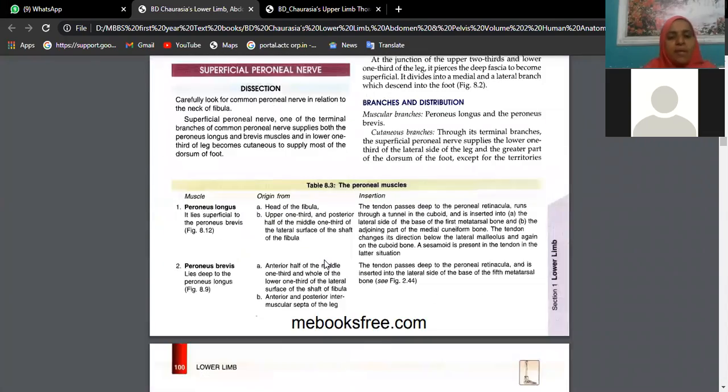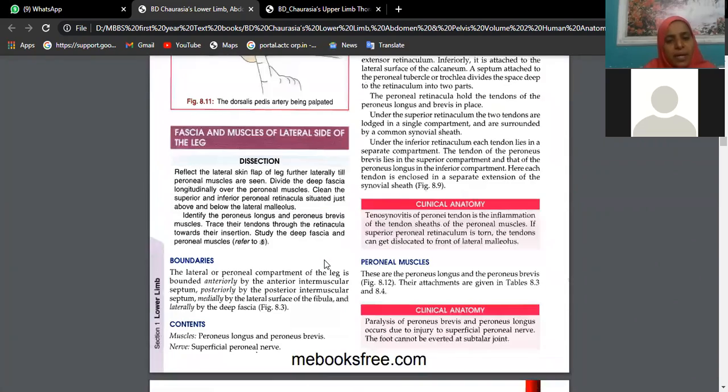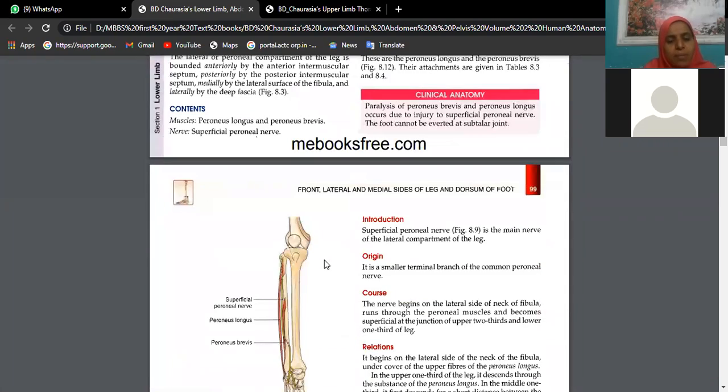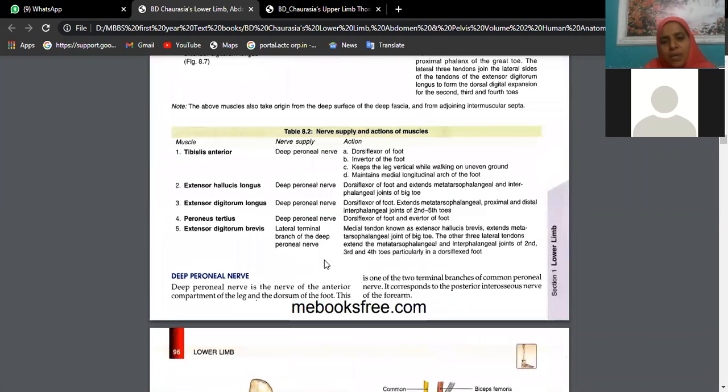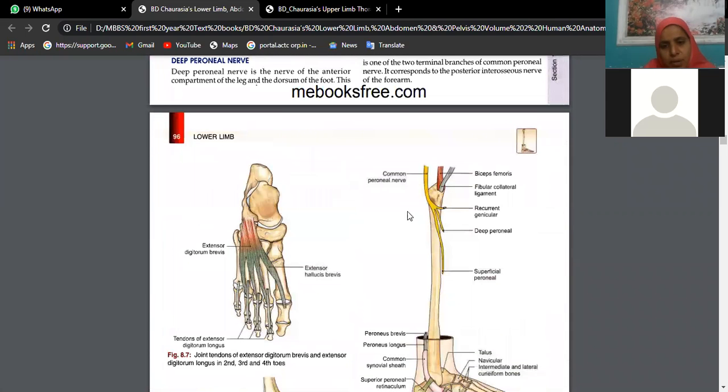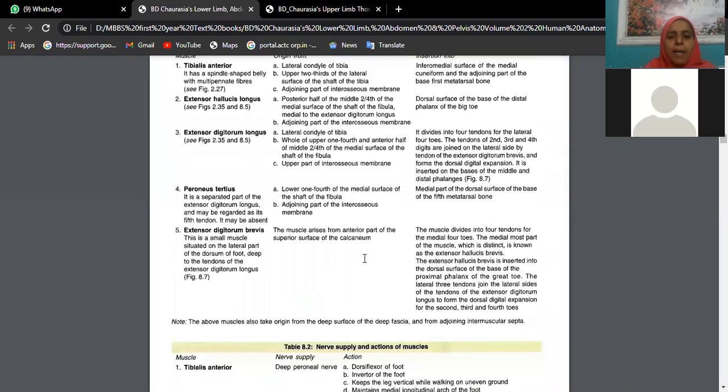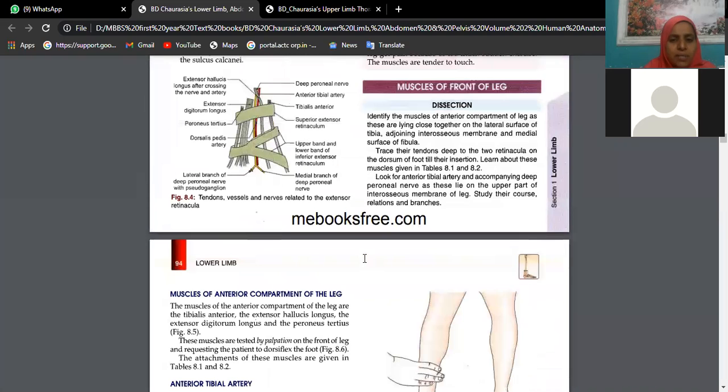Superficial peroneal nerve supplies the lateral compartment of the leg. Deep peroneal nerve supplies the anterior compartment of the leg. This is your common peroneal nerve, this is the neck of the fibula, dividing into superficial and deep peroneal nerves. Superficial comes to supply the lateral compartment of the leg. What are the muscles there?